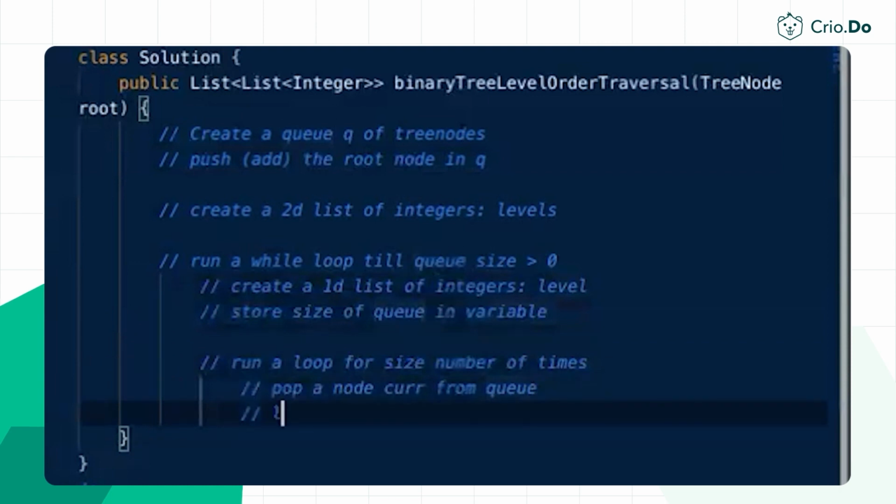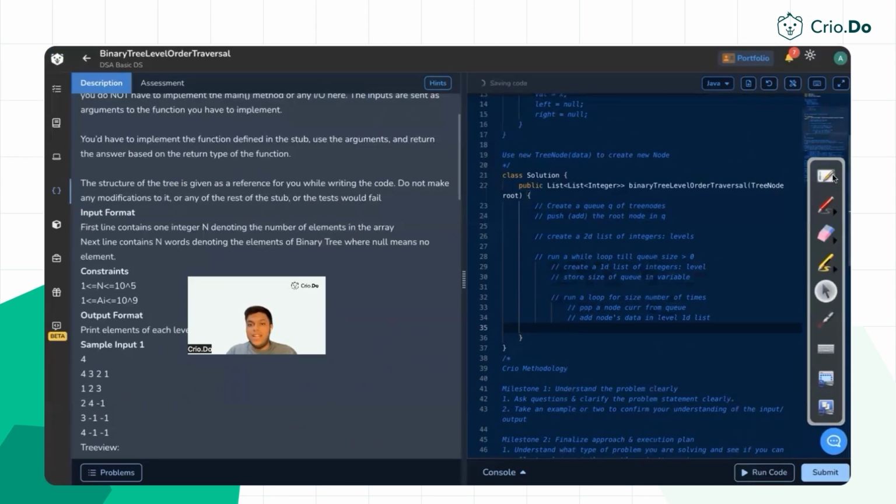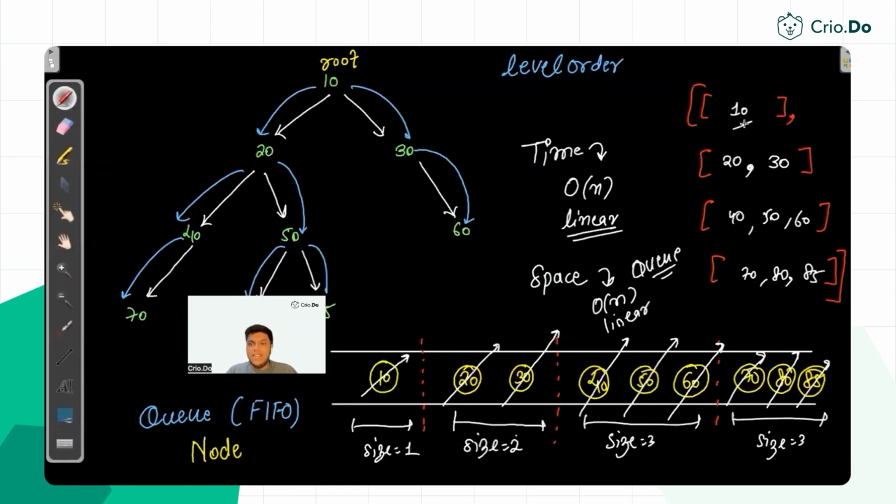So pop the node and add the node's data into the level 1D list. Once we have added the node's data into the 1D list, now we can push both the left child and the right child. What we did: first we visited 10. Visited 10 means add in the array list or the dynamic array. And then push the left child and the right child into the queue if they are not null.